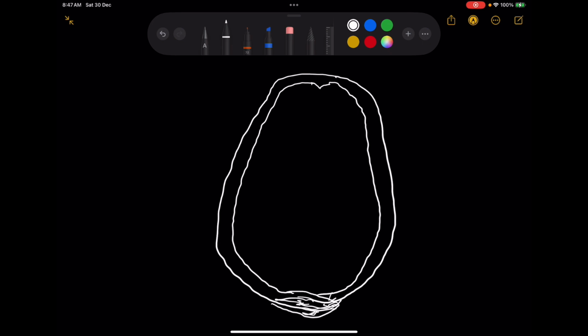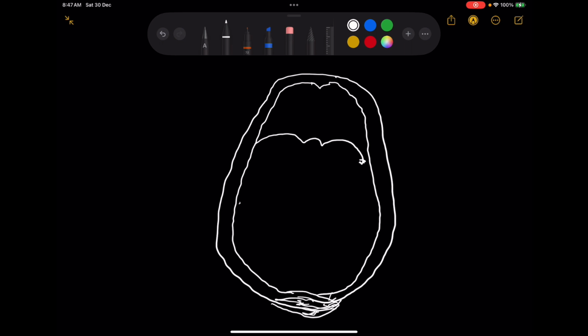Now there is a free edge of the lesser wing of sphenoid, the anterior clinoid process, two like this, and the other side free edge.